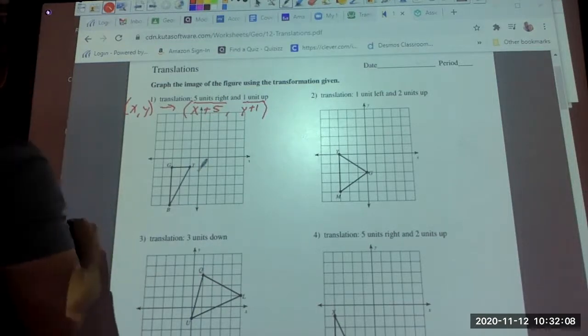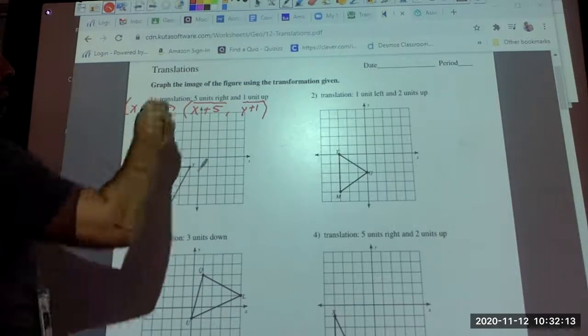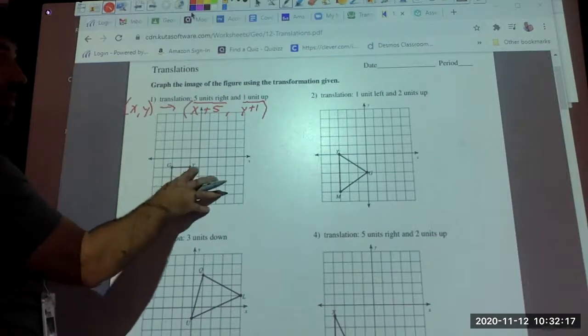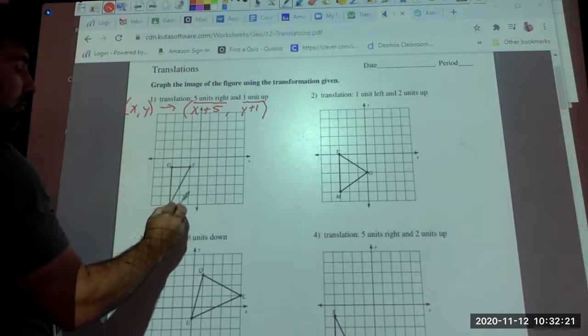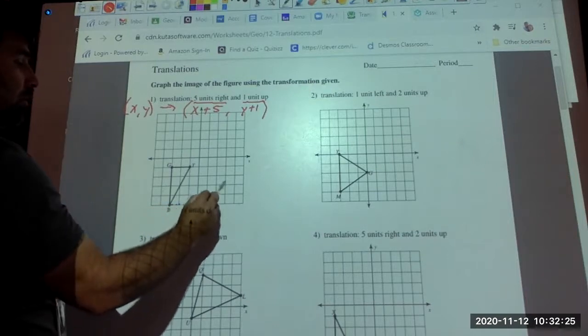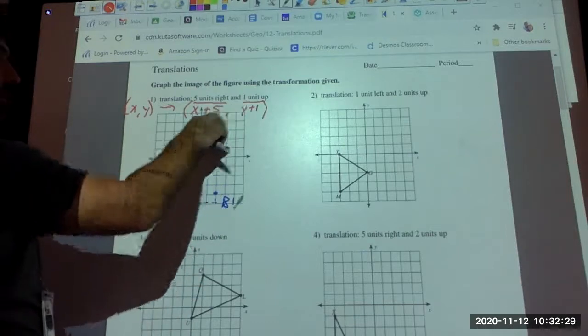Okay? So again, if you just want to do this worksheet, you can. This is a Khan Academy thing too. I'm going to write 5. 1, 2, 3, 4, 5. Up 1 on each one. So that's my new B prime. Went 5, up 1. I'm going to do that to all of them.